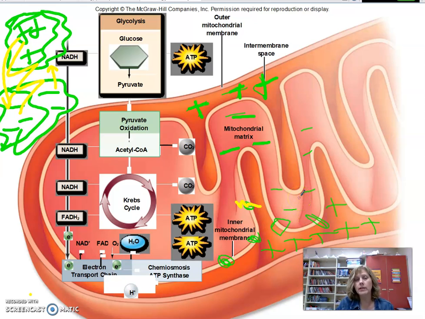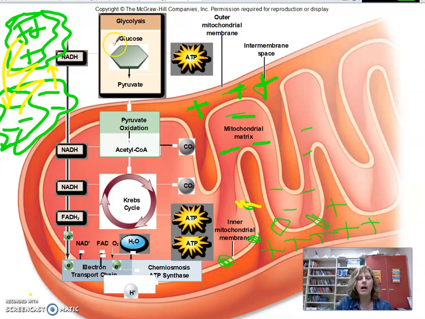So the mitochondria is the powerhouse of the cell. It's where ATP is made. When we studied cell organelles, we mentioned that. But it's a pretty complicated process by which ATP is made, and so that's why we break this into 3 stages.